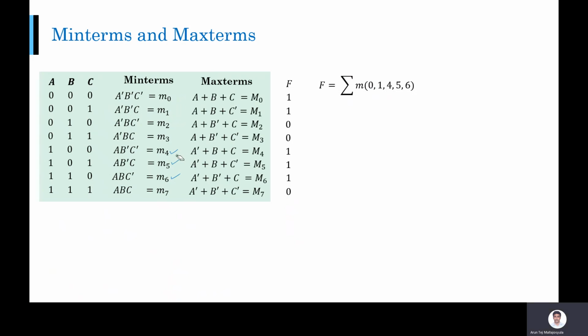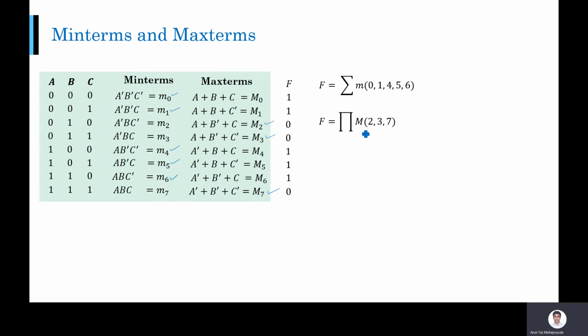Let me list the max terms here. Now, these are my max terms. I can see that f is equal to 0 if there is M2, M3, and M7. This is small m0, small m1, small m4, small m5, small m6. So now I have max terms giving me f equal to 0 for M2 into M3 into M7.